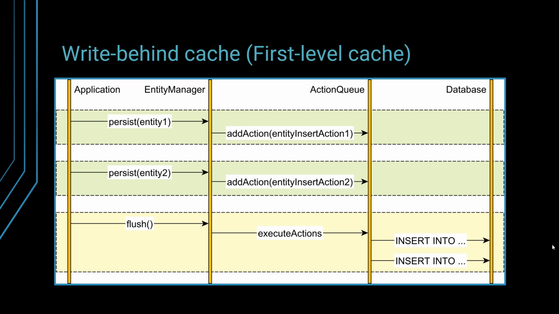Behind the scenes, Hibernate works, as you will see, like a state machine. And by changing the entity state, some DML statements could be generated, like insert, update, or delete. Now, those statements are not executed right away. Hibernate doesn't work like active record, where you have an insert, update, or delete method.